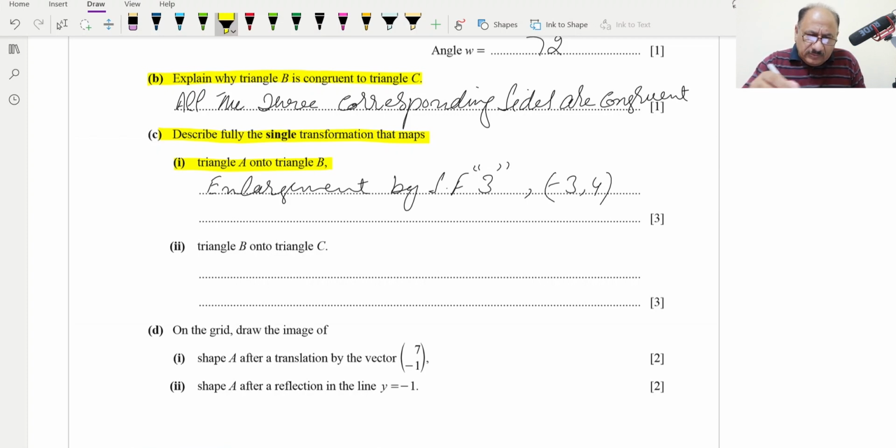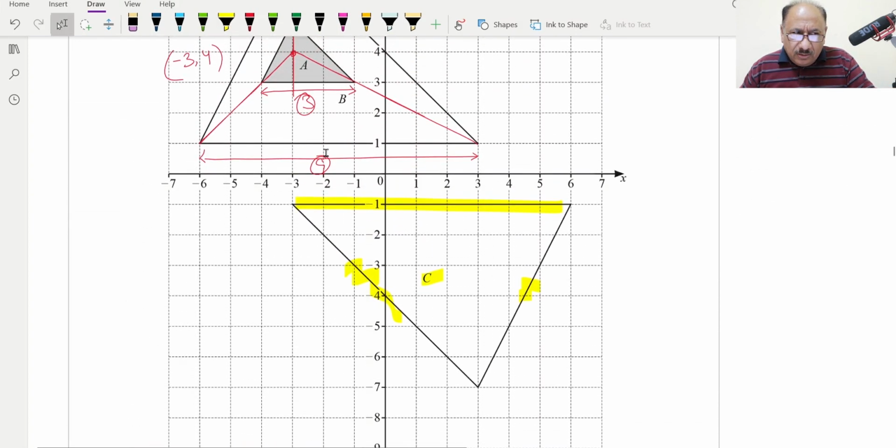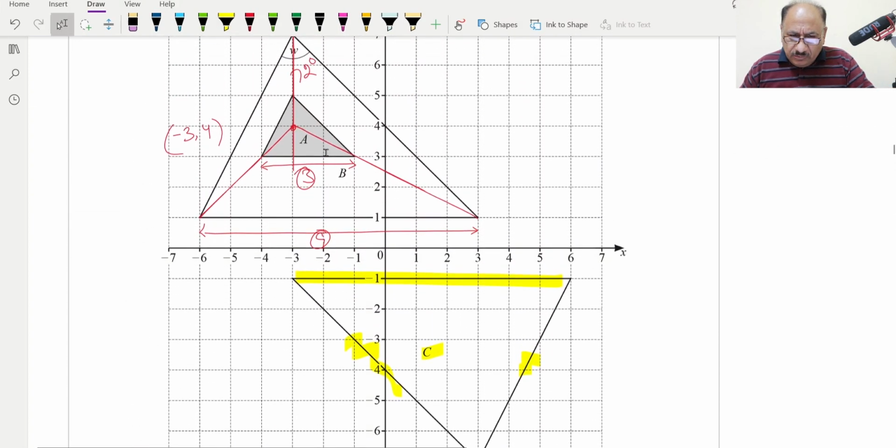Now they are asking the second part, triangle B onto C. C is this triangle, so this one. So we can check, this is basically a rotation of 180 degrees about the origin.